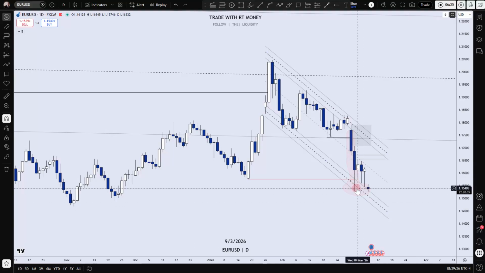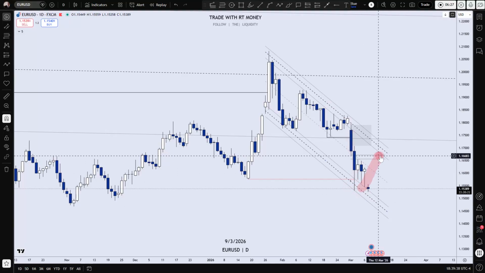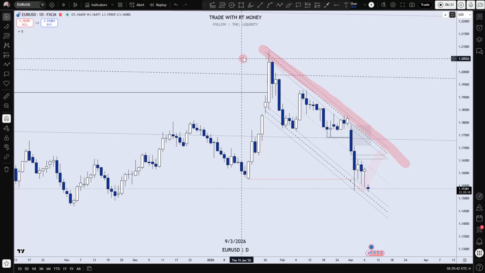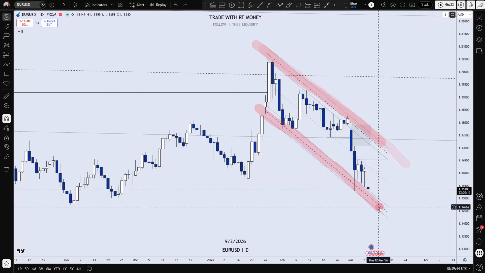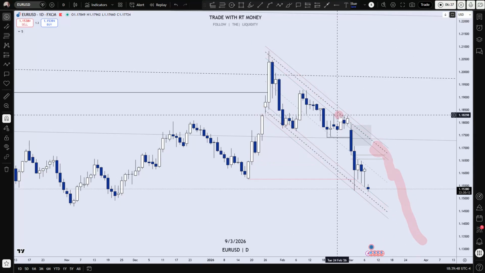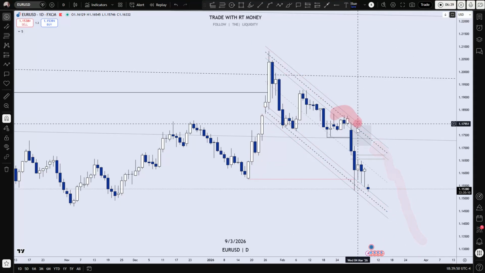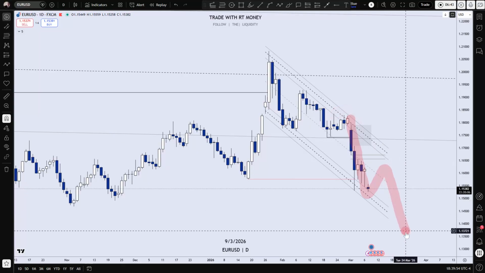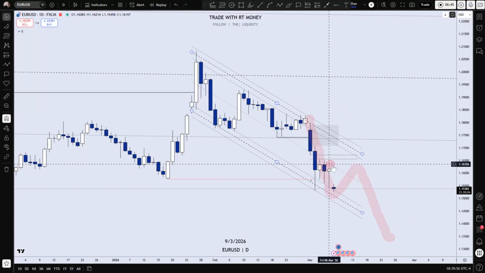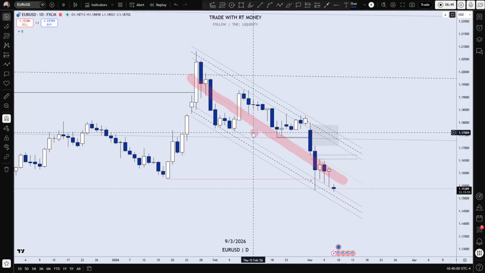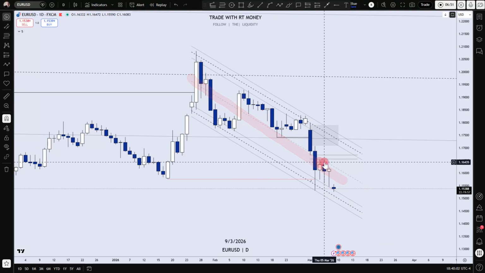What we could see is a pullback to the resistance line of this descending channel, and we can see the market continue down from there. As long as it respects that high, we can see a pullback for a lower high, a lower low. You see where the middle of this channel is? You see how the market is responding to that middle here?